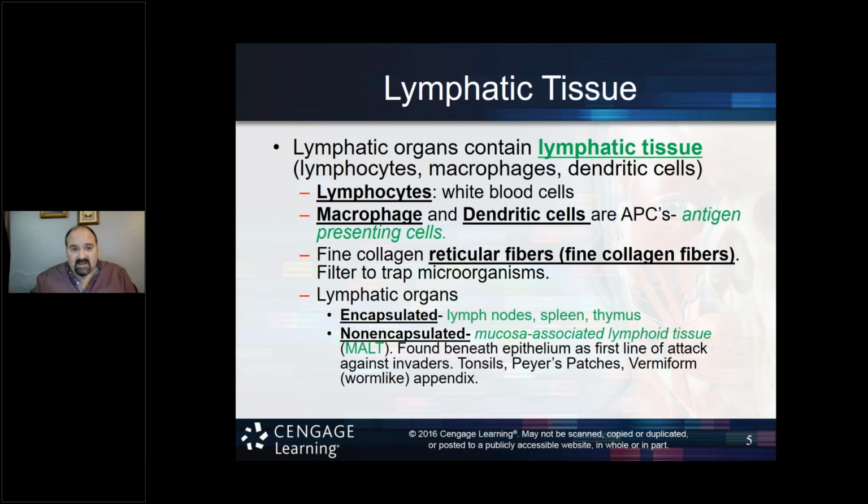Well, reticular fibers are finer than the elastic fibers, but they're made of collagen, so they are strong. They're just very fine in their presentation. And this is what allows for the uniqueness of this lymphatic tissue, which is able to trap microorganisms within these reticular fibers.